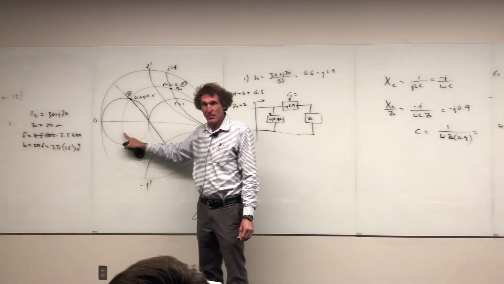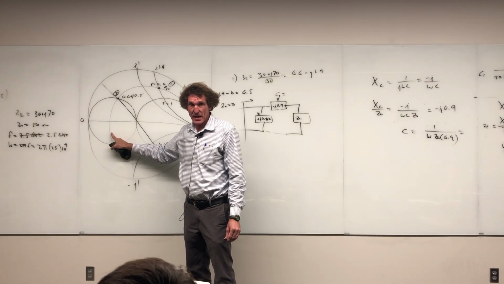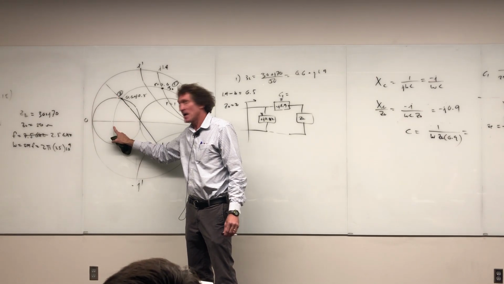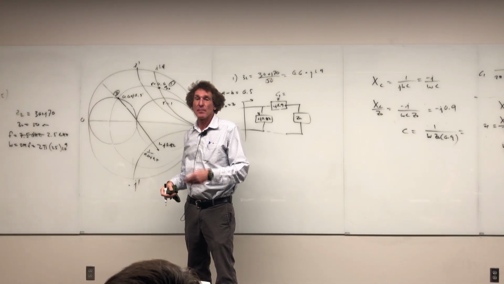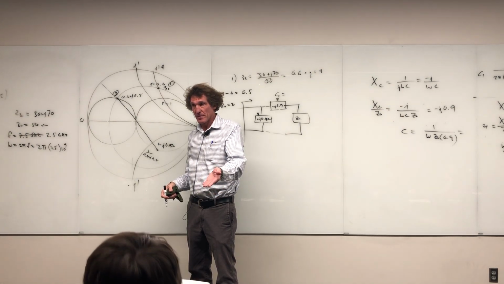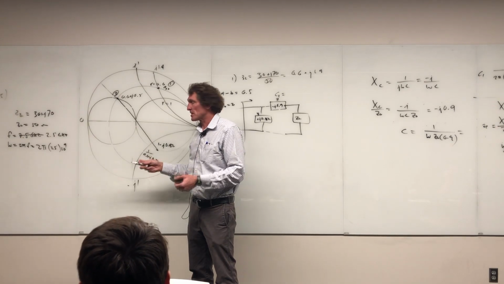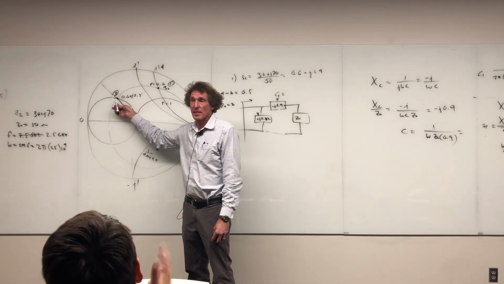Now you're in the admittance domain. If you add a capacitor, you go this way. If you add an inductor, you go this way. So I might say I want the parallel element to be a capacitor. That would limit your choices. Do you follow me on this? If it's a capacitor, you've got to go this way, so that would limit your choice.